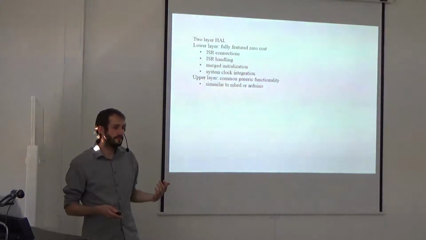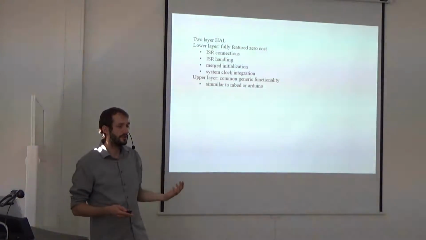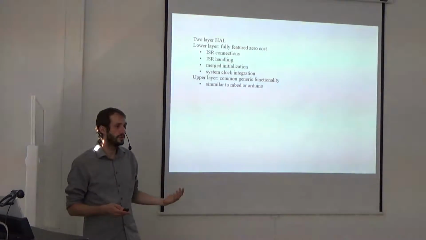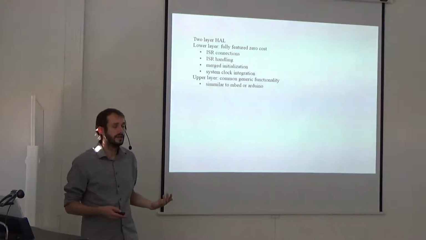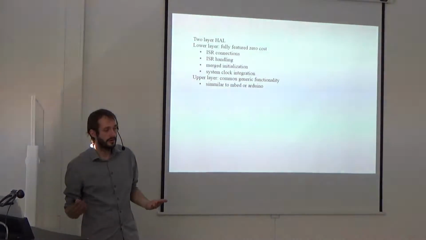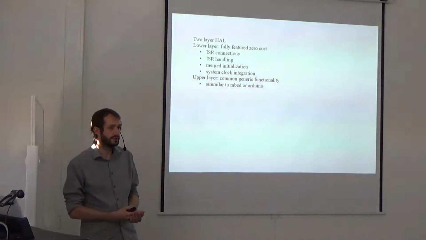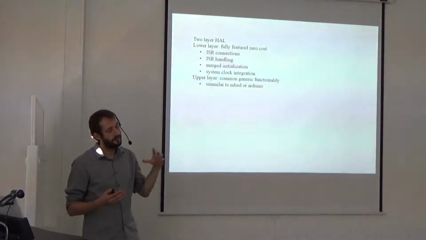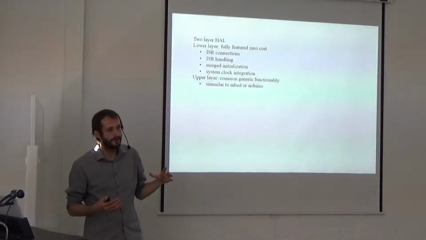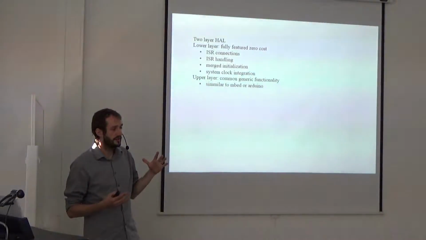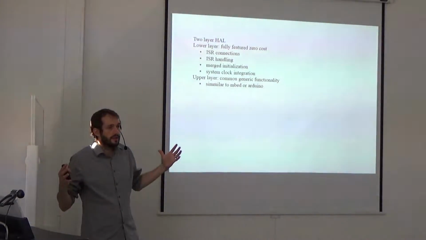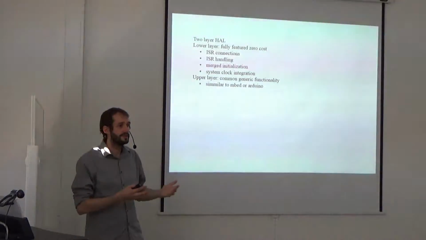So instead of doing a one-size-fits-all hardware abstraction layer, we actually went with a two-layer hardware abstraction. The lower layer exposes all the hardware functionality, and on top of that we basically have an adapter pattern, which takes away functionality that isn't common to other timers.